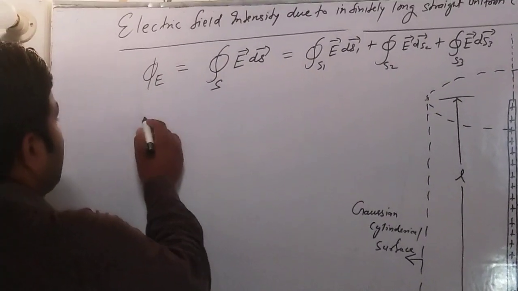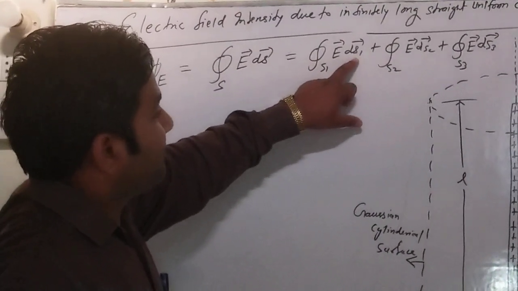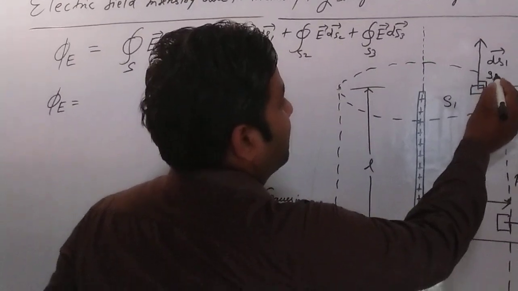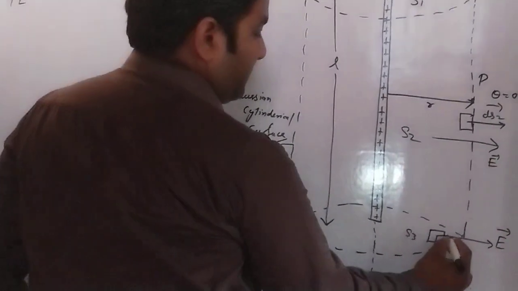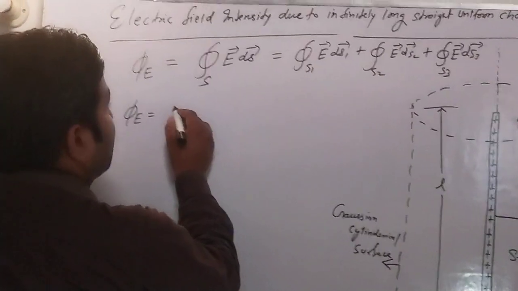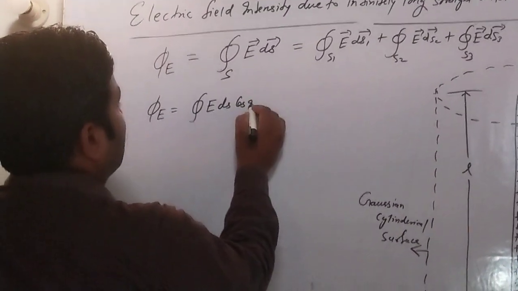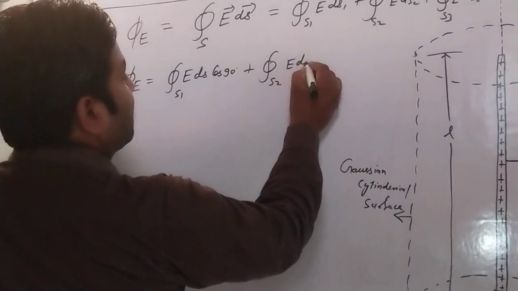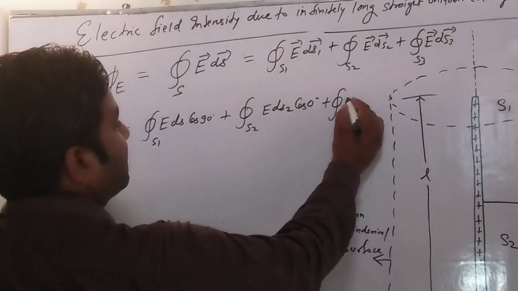Now, here the area vector of surface S1 is upward, and the electric field is forward, and the angle is 90 degrees. For S2, theta is equal to 0 degrees. For S3, theta is again 90 degrees. So the flux is the integral of E dS cos 90 for S1, plus E dS2 cos 0 degrees for S2, plus E dS cos 90 for S3.